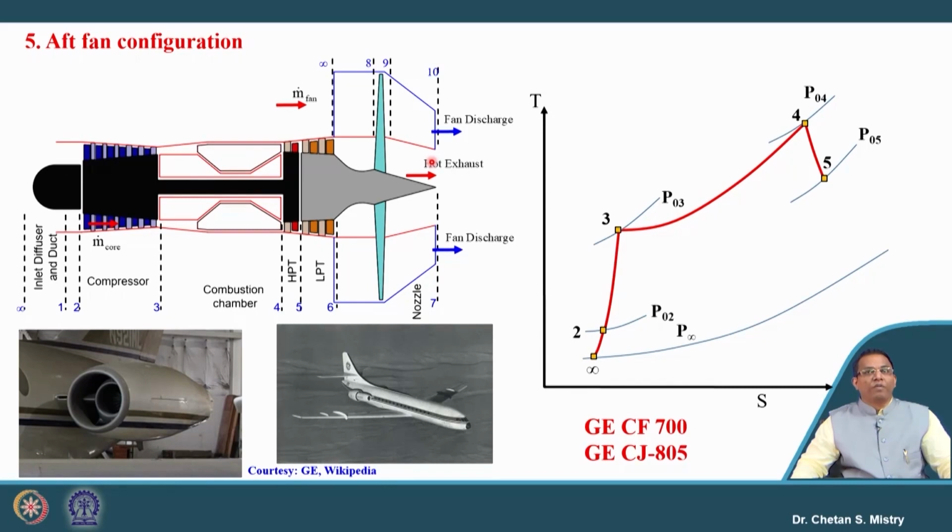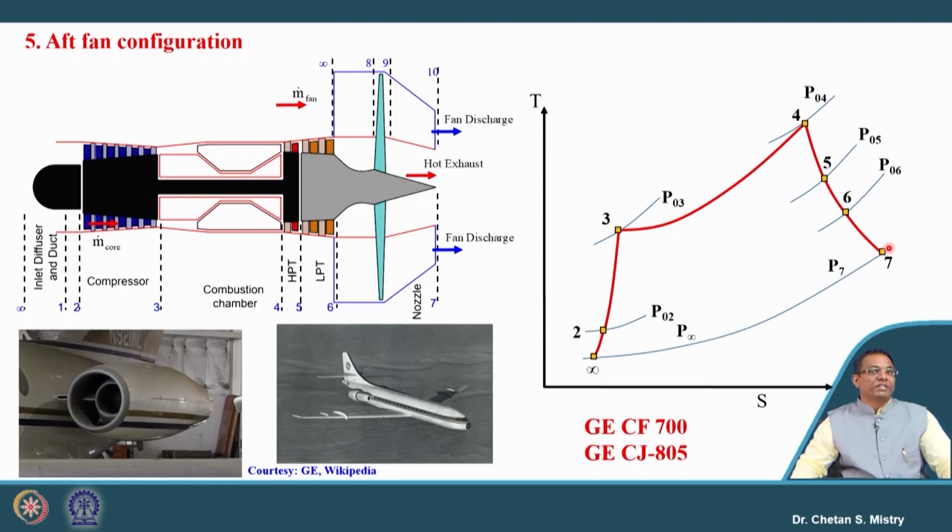Then we have our HP turbine, represented by process 4 to 5. We have our LP turbine, represented by process 5 to 6, and the exit nozzle from the core engine, represented from P06 to P7.